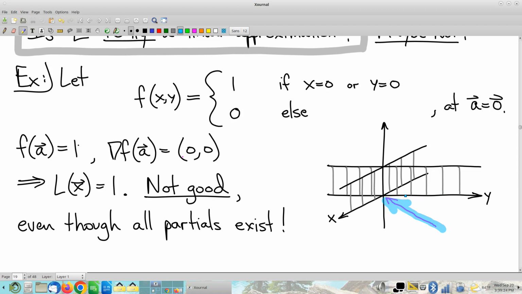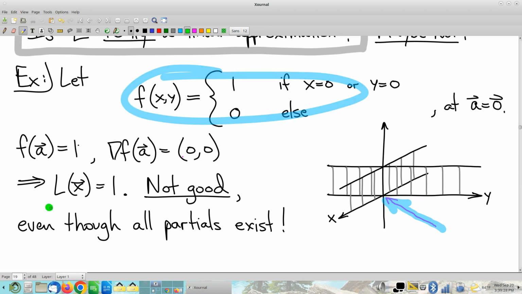But my linear approximation, of course, along the same path, its values are all 1. And so you can see there's just tremendous error here. The error is huge. The error is 1 all the way along. That's not okay. Does that make sense to everybody?